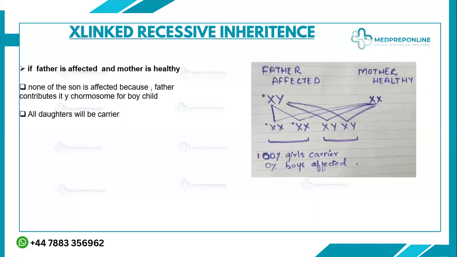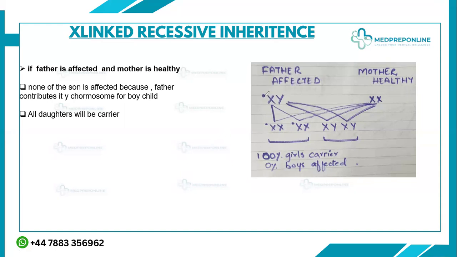Another condition: if the father is affected and the mother is healthy. In X-linked, we cannot do the vice versa condition, we need to see whether it's the father or the mother. Now the mother is healthy and doesn't have any genetic mutation, the father is affected.